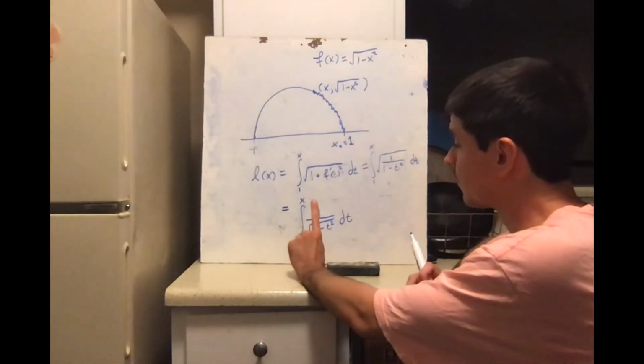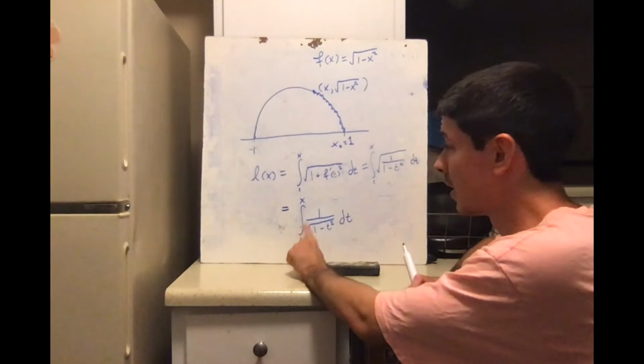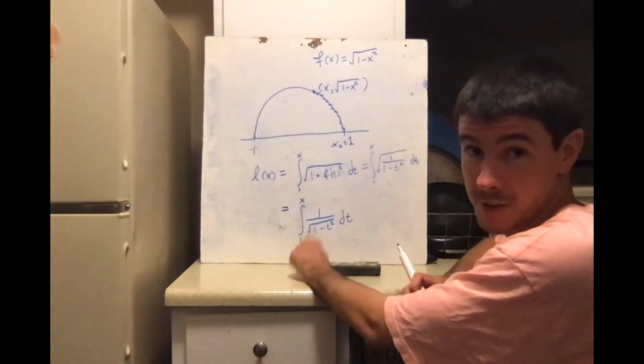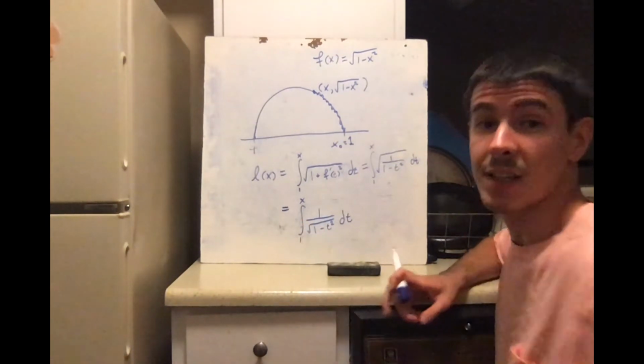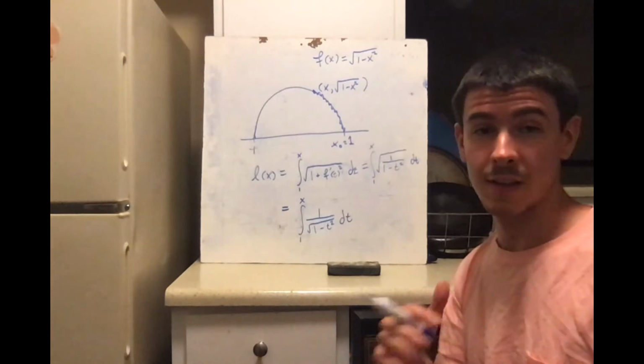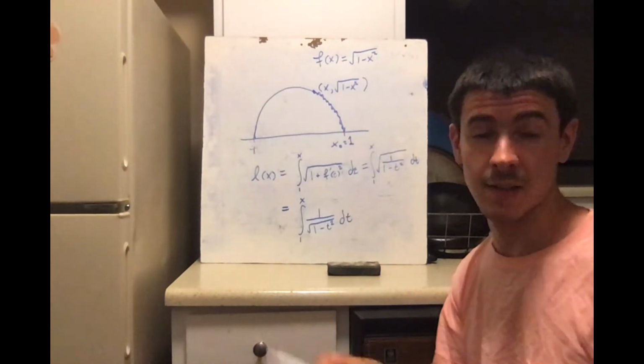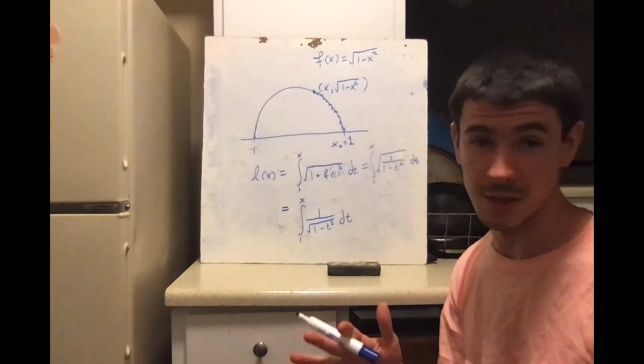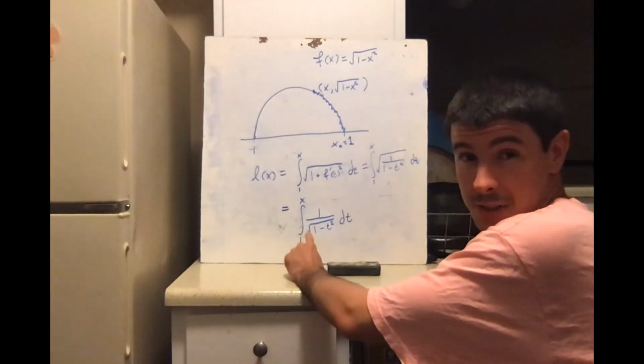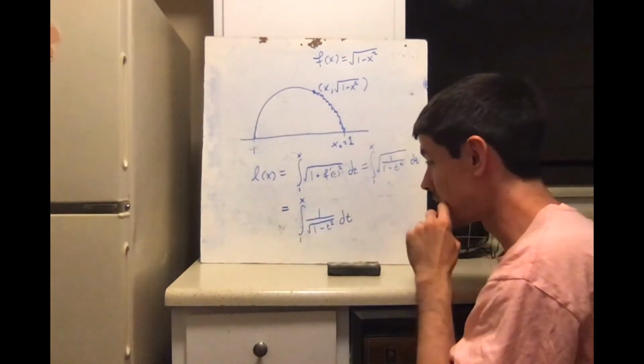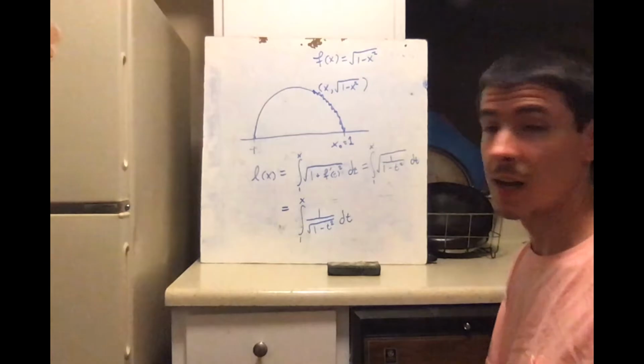So this should be theta expressed in terms of x. And what's theta expressed in terms of x? Theta expressed in terms of cosine theta is none other than cosine inverse. Well, is this cosine inverse? Well, in fact it is.